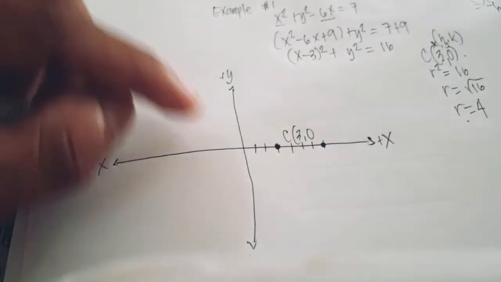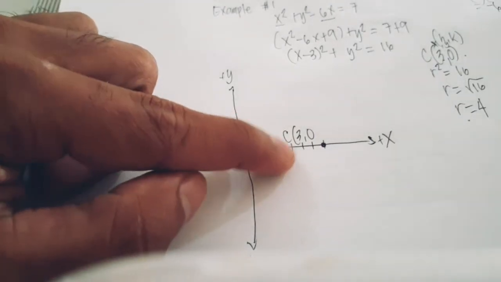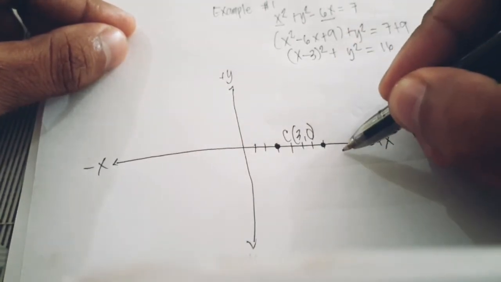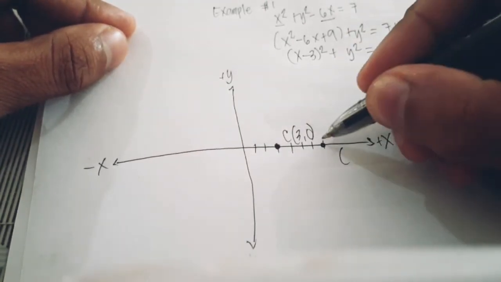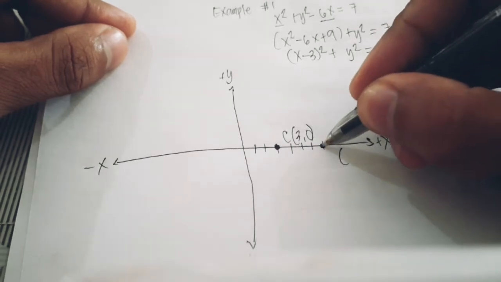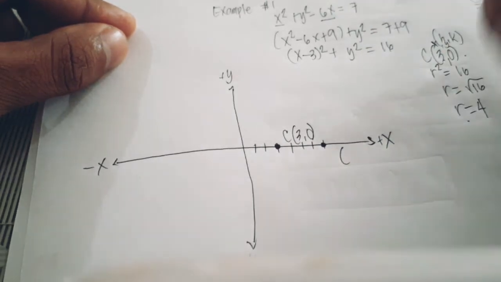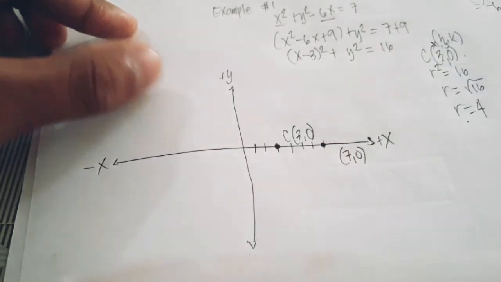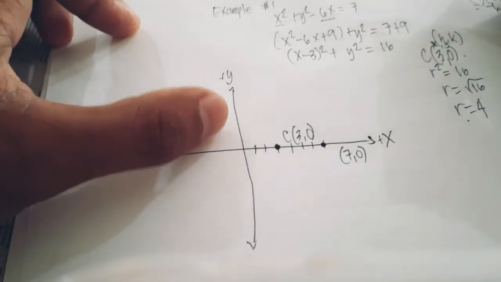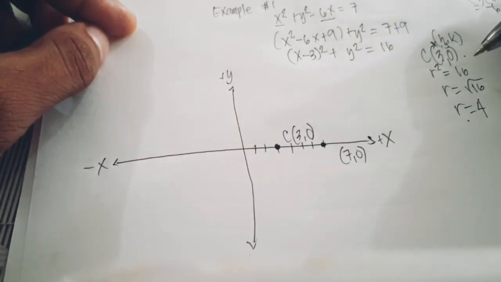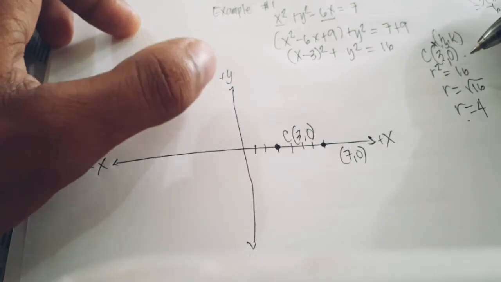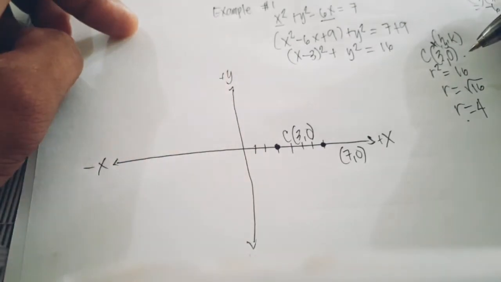So if we're going to get the coordinates, let us count 1, 2, 3, 4, 5, 6, 7. So 7 for our x and 0 for our y. So one of the points in the circle is (7, 0). So we're also going to get the radius from the center to the upper part of the circle.